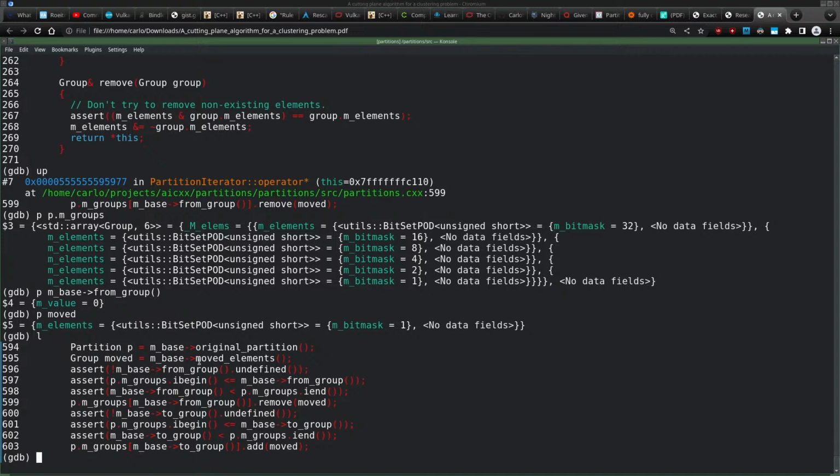Moved is returned from moved elements. I think the moved element should just return. Oh, wait a minute.